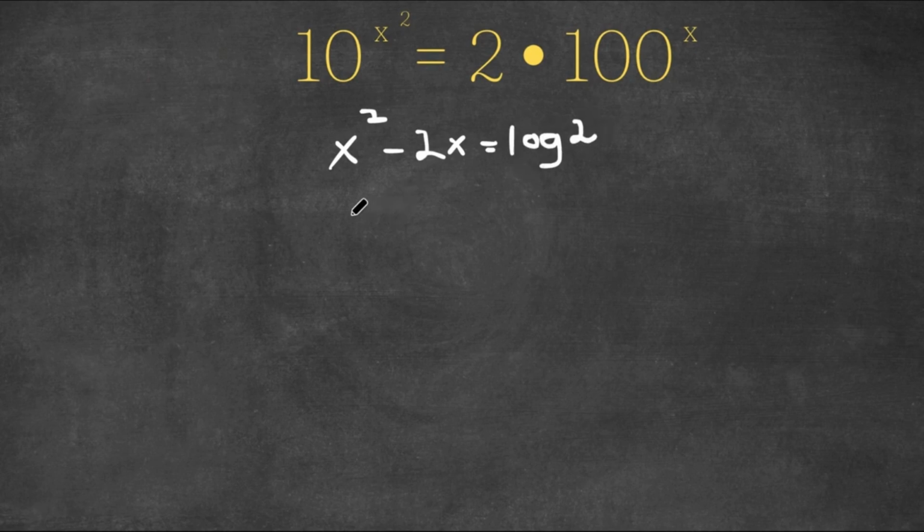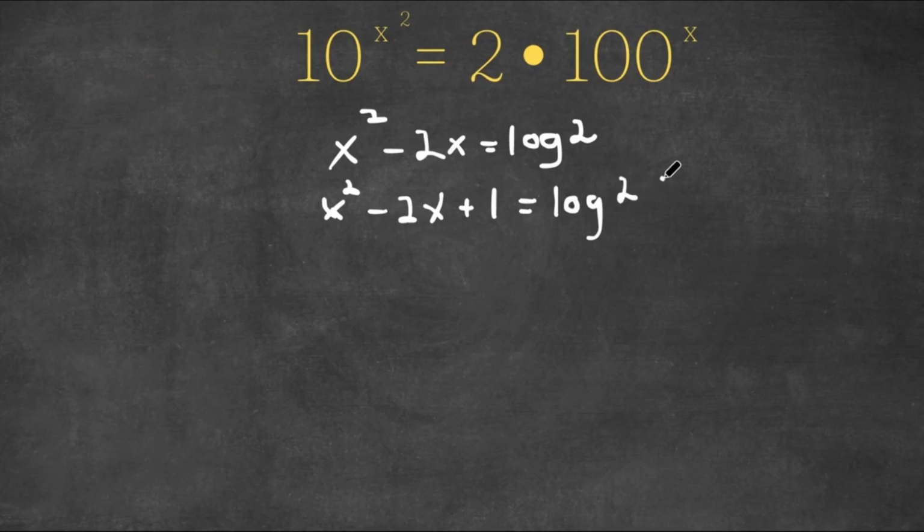Now I'm actually going to add 1 on both sides. So now we have x squared minus 2x plus 1 is equal to log 2 plus 1.